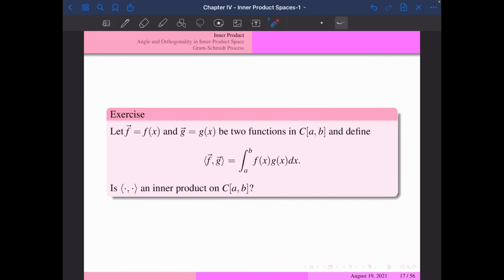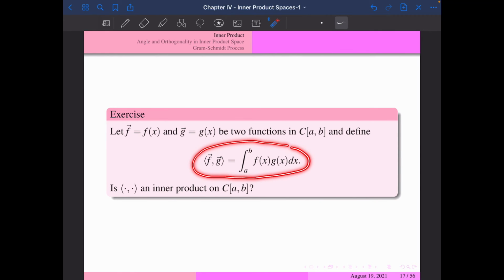So let f and g be functions in C1[a, b]. What does C1[a, b] mean? This space is the set of continuous functions on the closed interval [a, b] whose derivatives are continuous.